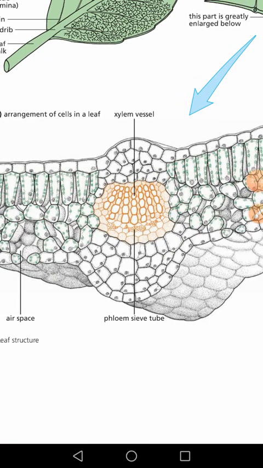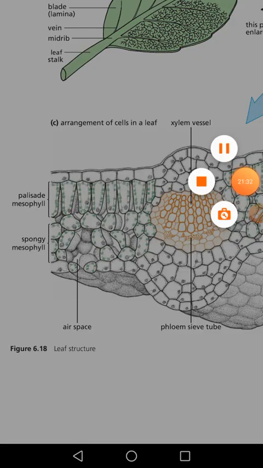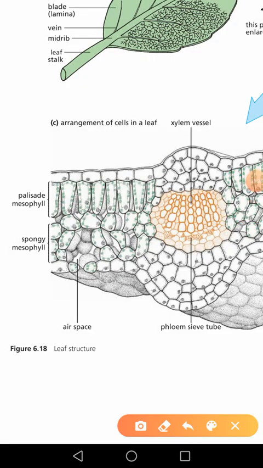You can also say that the transport tissues near the Palisade Mesophyll are the xylem, and near the spongy mesophyll are the phloem. Or, as I have said before, near the bottom surface is the phloem and near the top surface is the xylem.